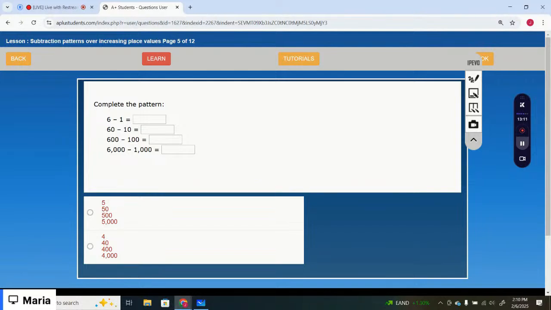Complete the pattern. 6 minus 1, 60 minus 50. 600 minus 100. 6,000 minus 1,000.